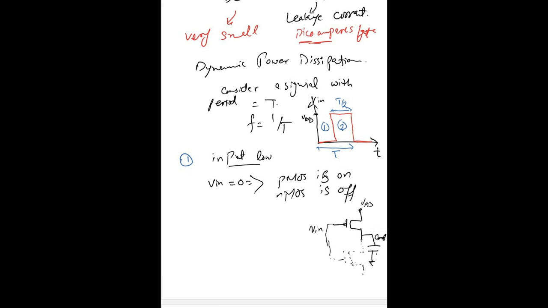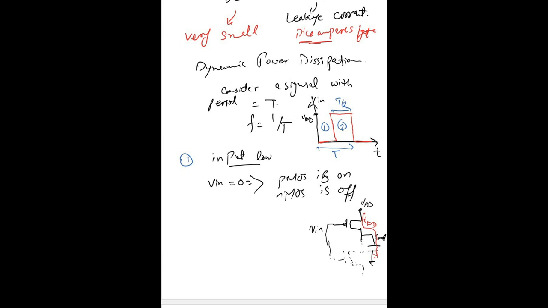So this capacitor, obviously, will be charged. At this condition, the current will flow from VDD and charge this capacitor in this direction. The direction of current is like this: this IDD current flows from VDD through Cout and to the ground.